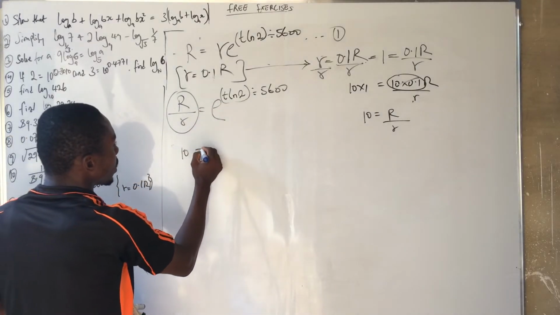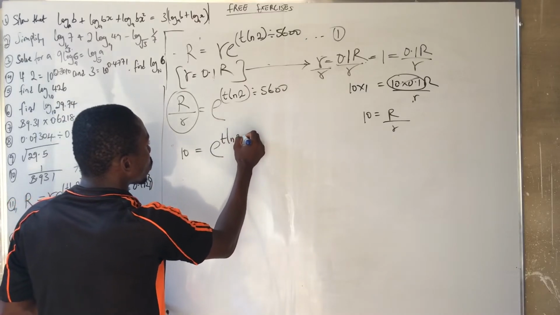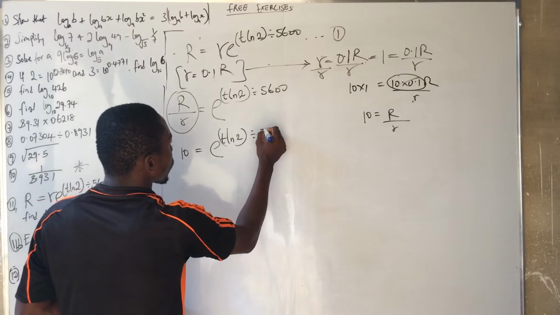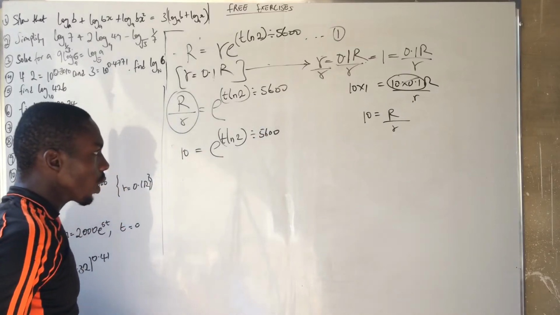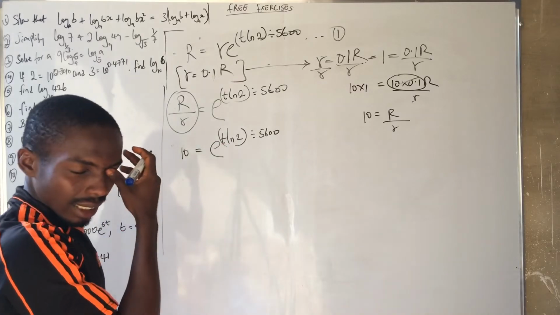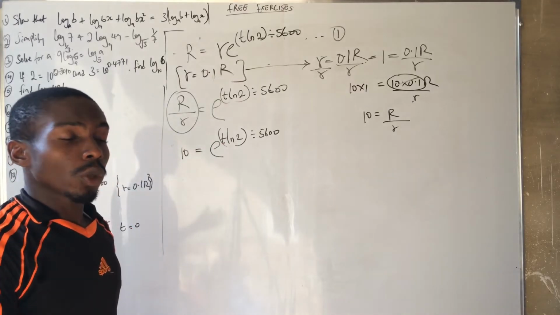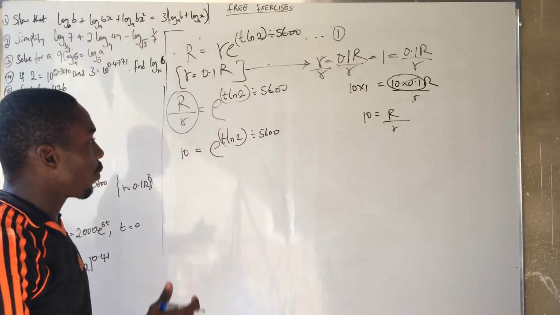I have that 10 is equal to the exponent of t ln 2 divided by 5,600. The next thing I'm going to do is I see exponent here and there's nothing I can do to eliminate it but to take the ln of the exponent.